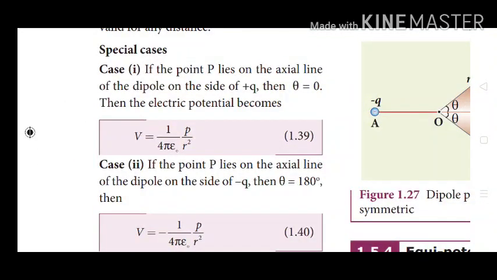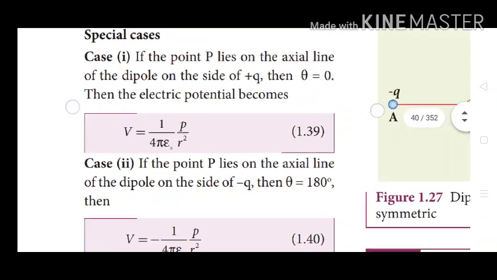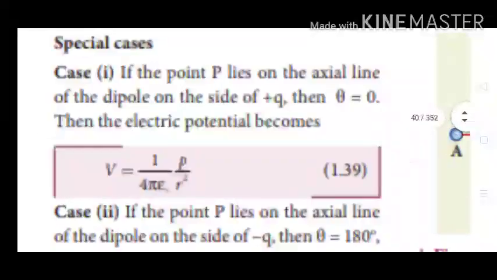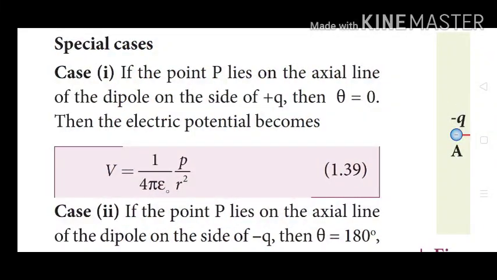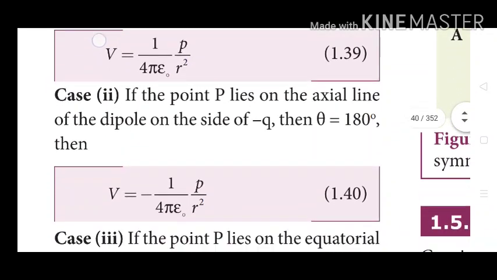Special cases. The special cases may be asked in a 1 mark question, so try to memorize them. Case 1: if the point P lies on the axial line of the dipole on the side of plus q, then theta is equal to 0, and the electric potential becomes V is equal to 1 by 4 pi epsilon naught P by r square.